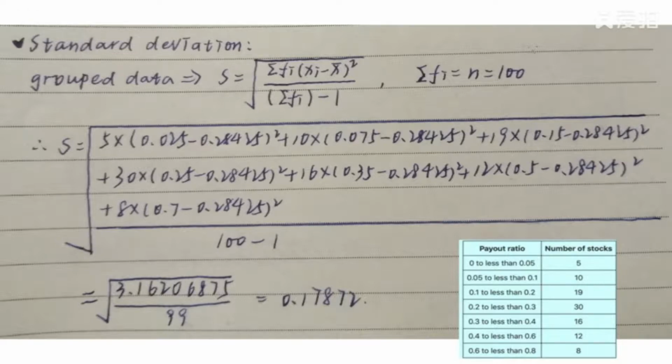We just find the square root of this data written below, and we get the standard deviation for the payout ratio, which is 0.17872.